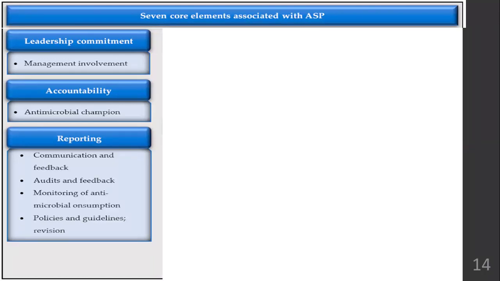The program should include regular reporting to doctors, nurses, and relevant staff on how antibiotics are being used and on resistance. Who is following the protocol, who is doing the proper auditing, who is doing the proper prescription, what is the pharmacy's role. All this feedback, at least quarterly, has to be submitted to the antimicrobial stewardship team.